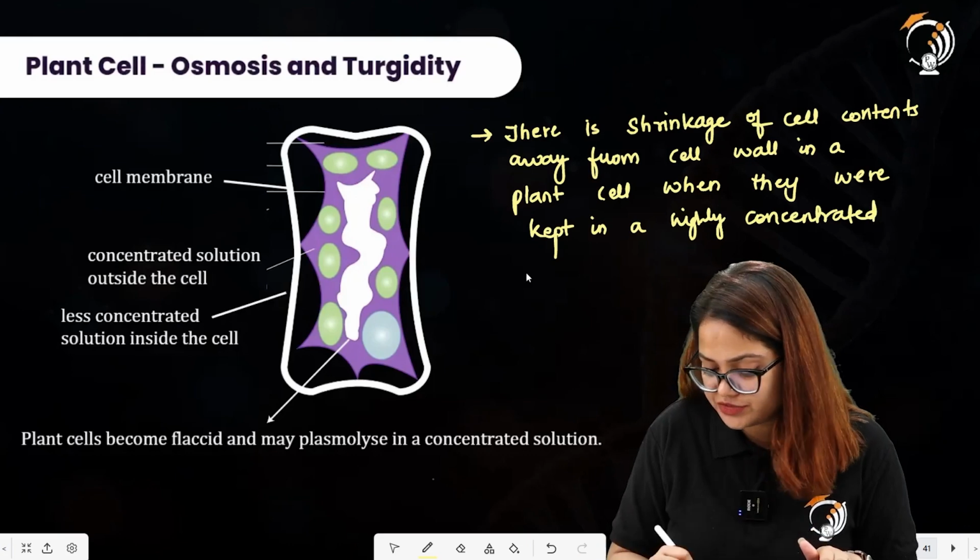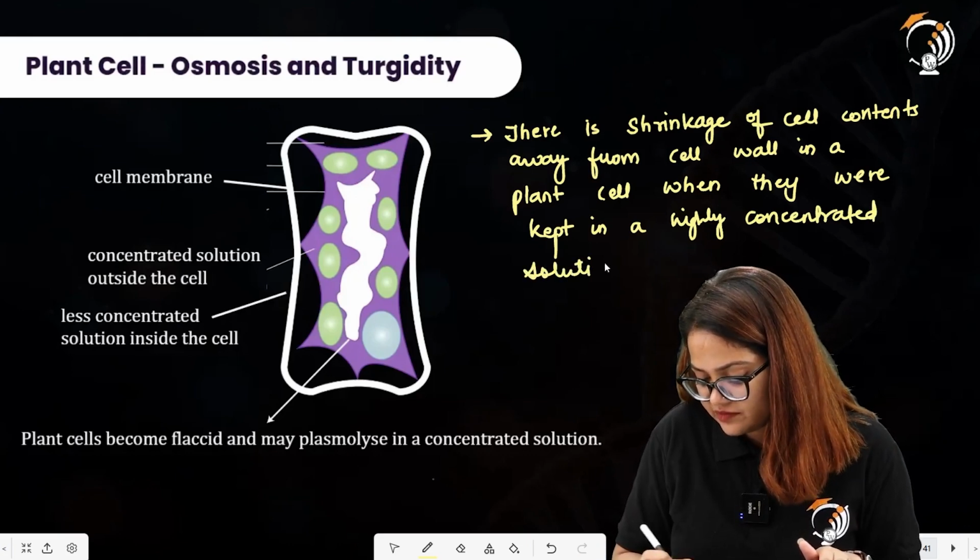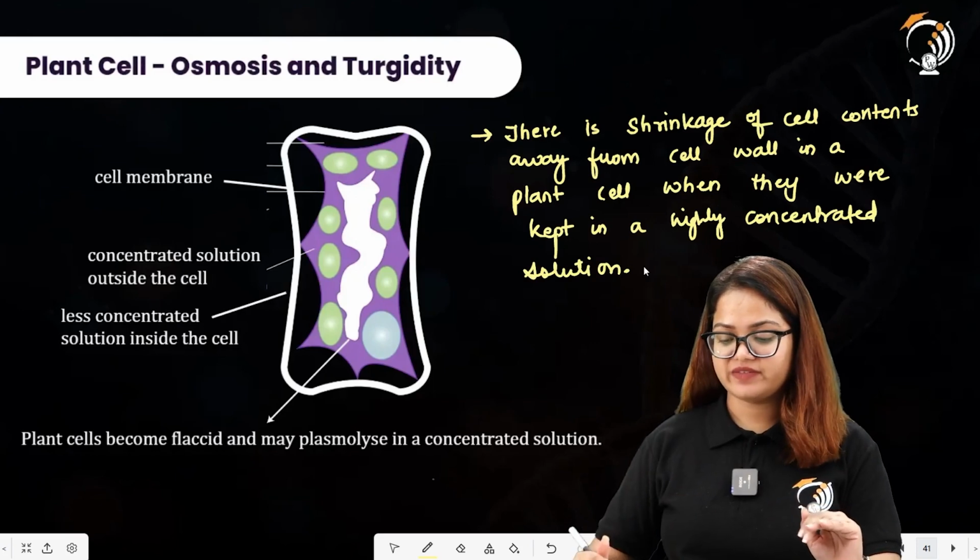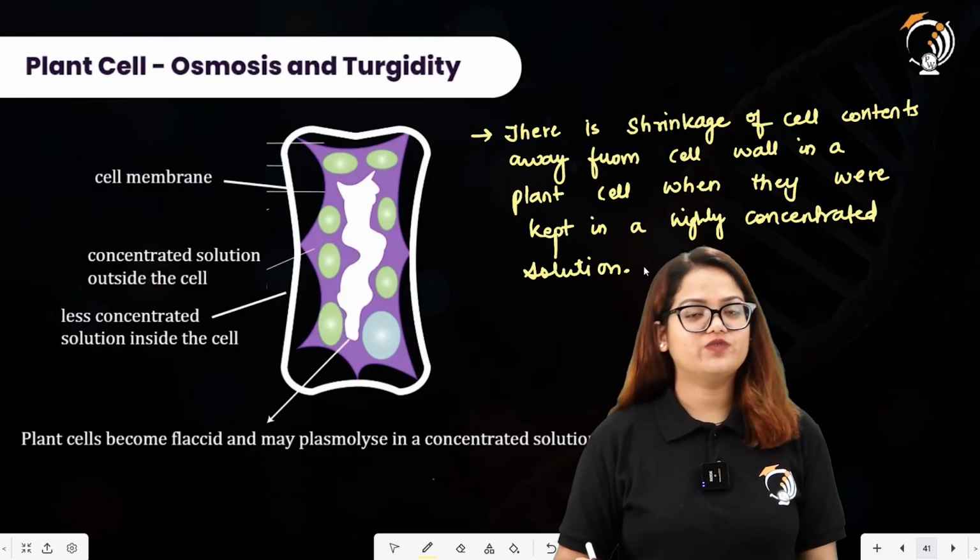And by highly concentrated solution, we infer that the solution has a low concentration of water molecules.